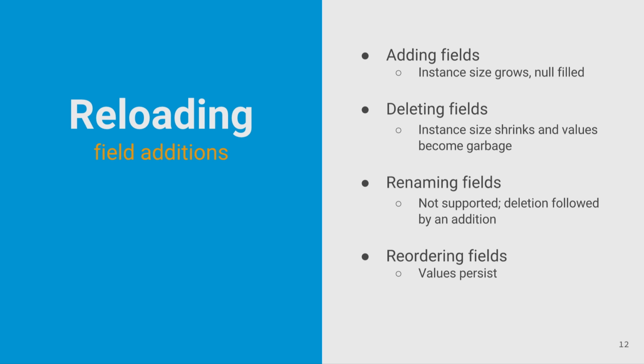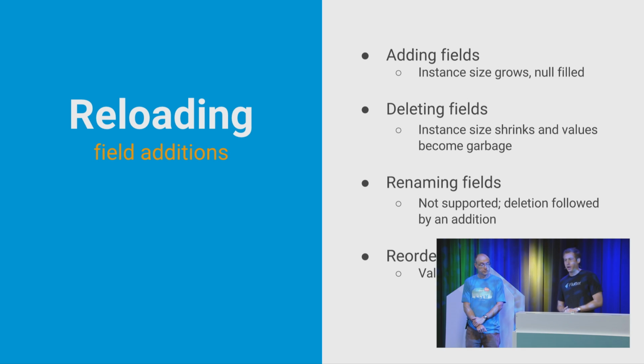So when Dart was first designed, one of the explicit design goals was to not allow you to change the shape of an instance. And by shape, we mean the number of fields. How many fields is in your class? That is locked down the moment your program runs. But in a reload world and in this live development world that we have today, we want to support changing the shape of instances while your program is running. So you can add a new field in reload.